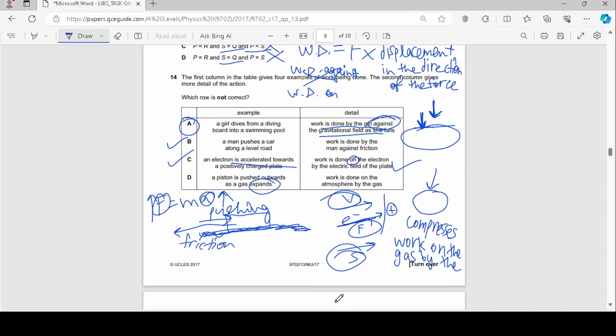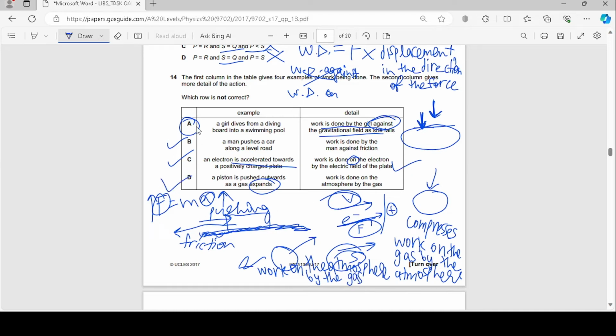Because the gas is compressing. Obviously, in the opposite scenario, if the gas is expanding, that means work is being done on the atmosphere by the gas. That's kind of the definition, but if you think about it, it actually does make sense as well. So D is also going to be correct.